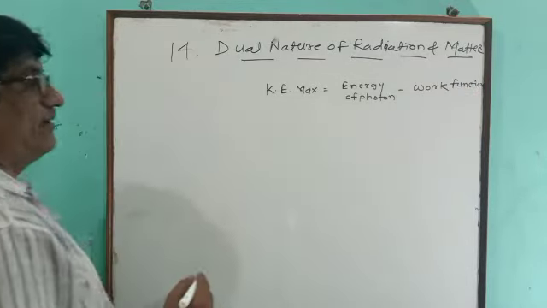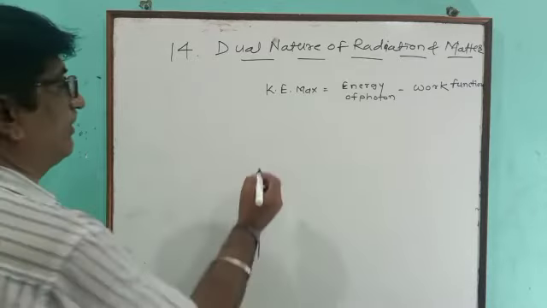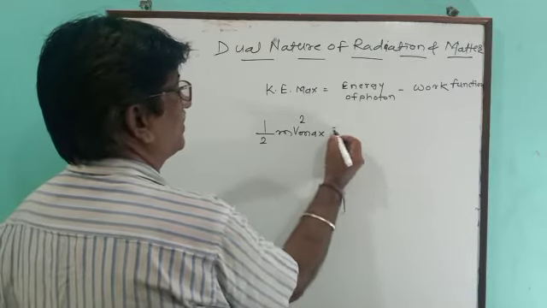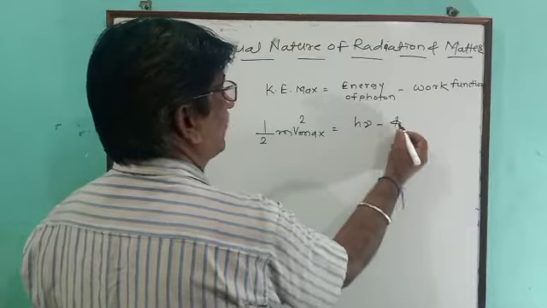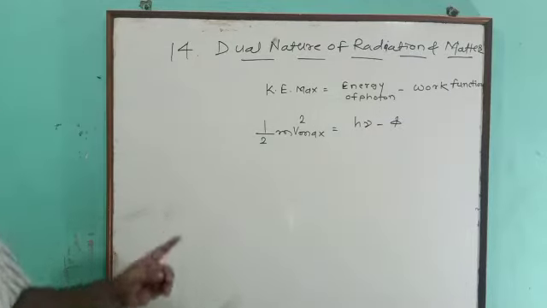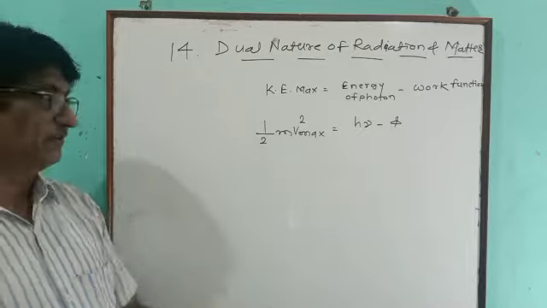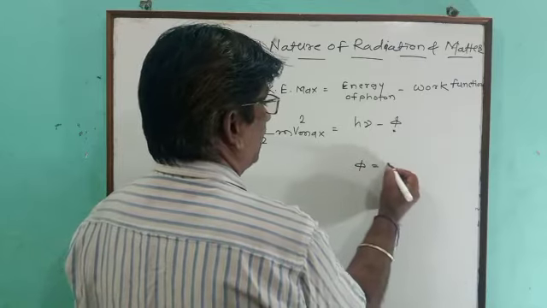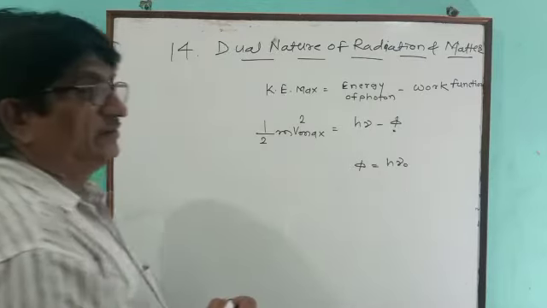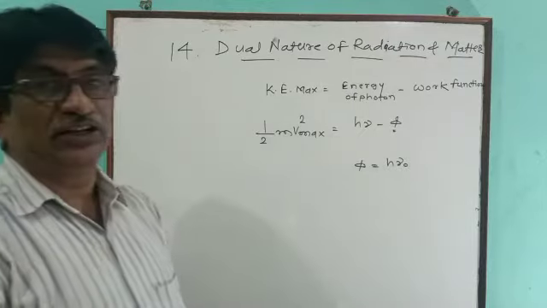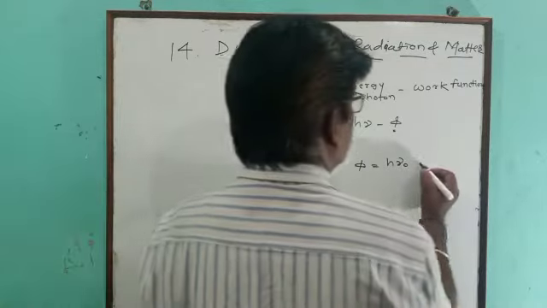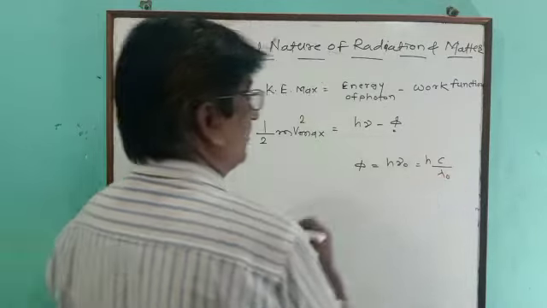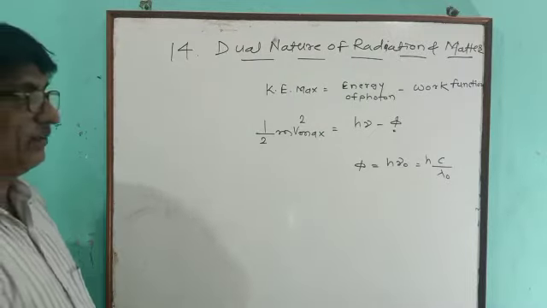If m is the mass of electron and v is the velocity of electron, then half m v square maximum is equal to h nu minus phi, and that is Einstein's photoelectric equation, where phi is the work function, whose value is h nu 0. Here nu 0 is the threshold frequency and it has the value c upon lambda 0. So we say that phi is equal to hc upon lambda 0.